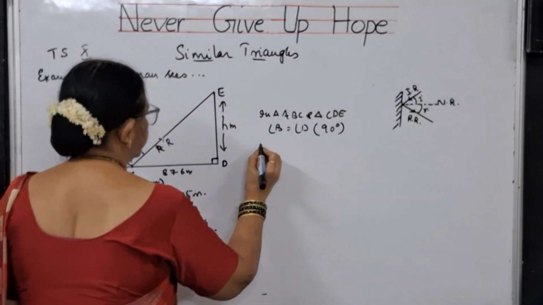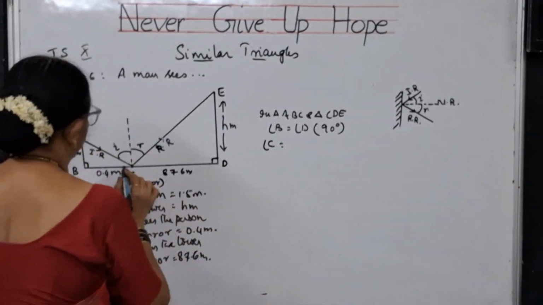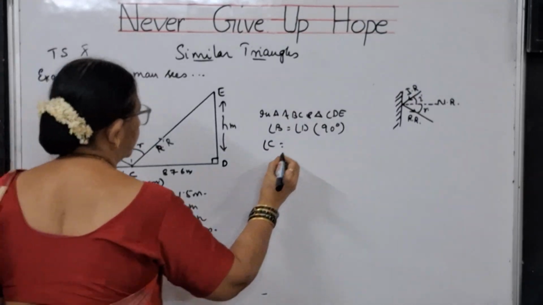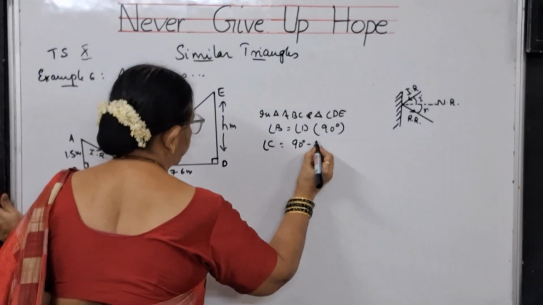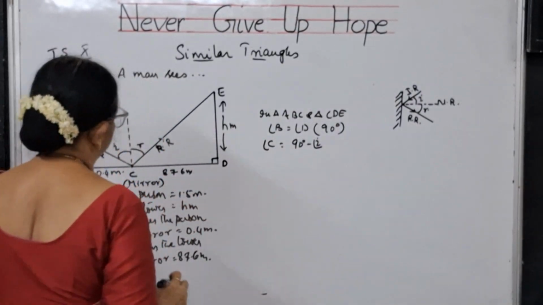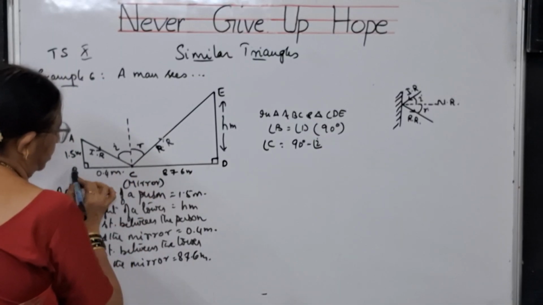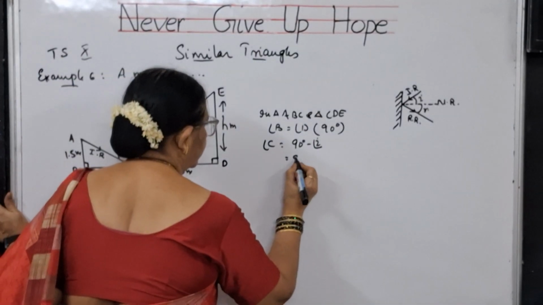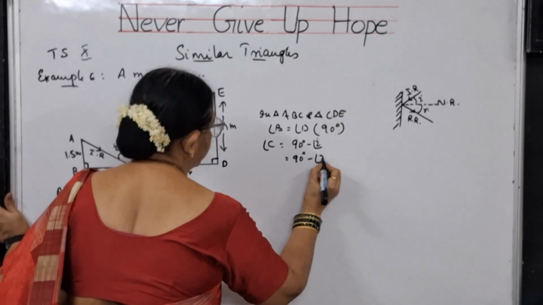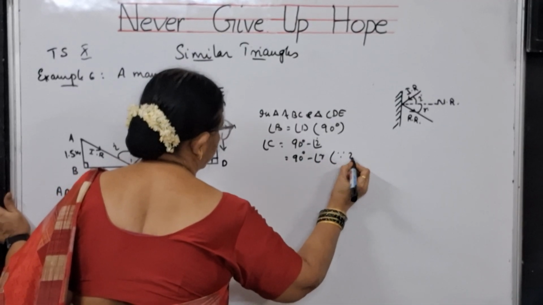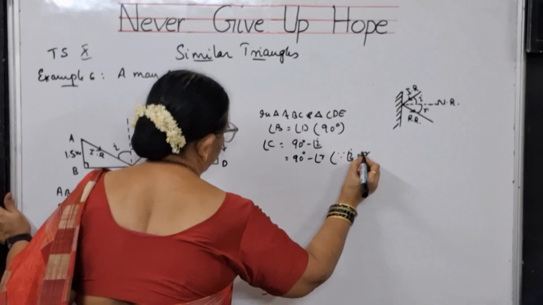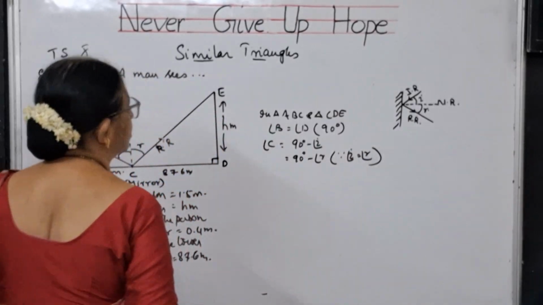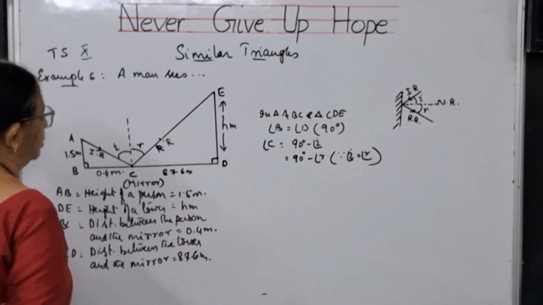Now angle C is equal to 90 degrees minus angle I. This can be written as 90 degrees minus angle R, because angle I is equal to angle R. Angle of reflection is equal to angle of incidence.